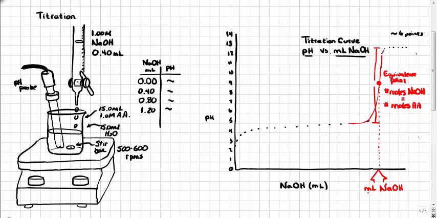And if you know the concentration, as we do, of sodium hydroxide, you can also, from these two values now, get the number of moles of sodium hydroxide that were used. And the number of moles of sodium hydroxide used, because it's a 1-to-1 stoichiometric ratio, is equal to the number of moles of acetic acid.